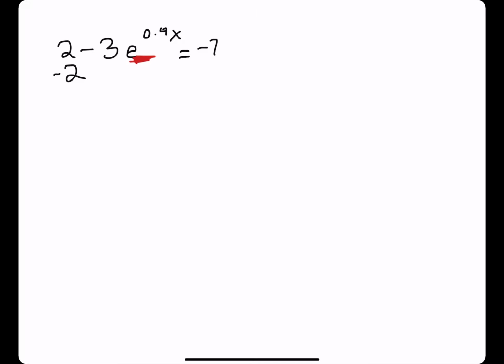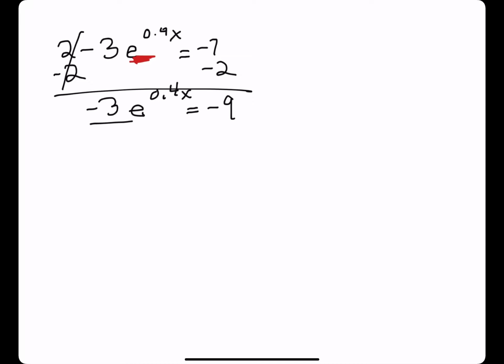So I'm going to subtract this 2, and I'll have negative 3 e to the 0.4x power is negative 9. Then I'm going to divide by negative 3. E to the 0.4x power is 3.